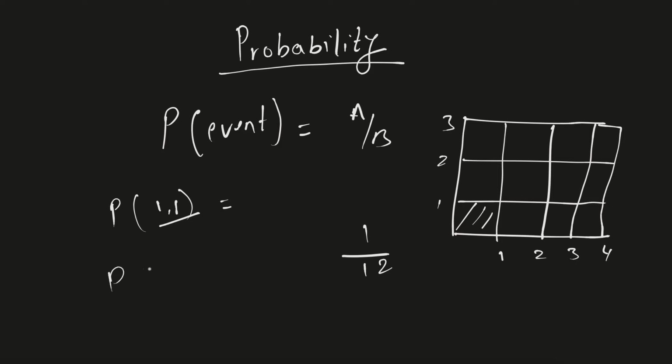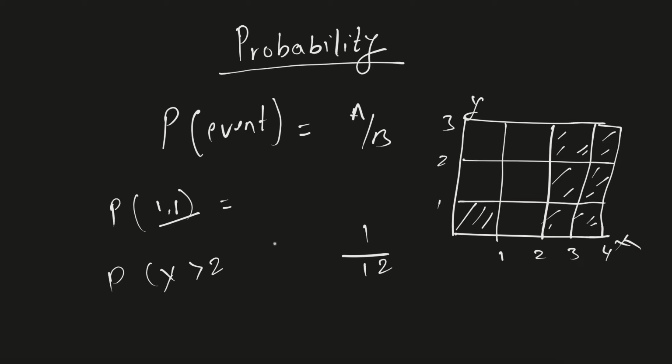Or let's say probability that, suppose this is my x-axis and this is my y-axis, probability that x is greater than 2. So these are the areas where x is greater than 2.